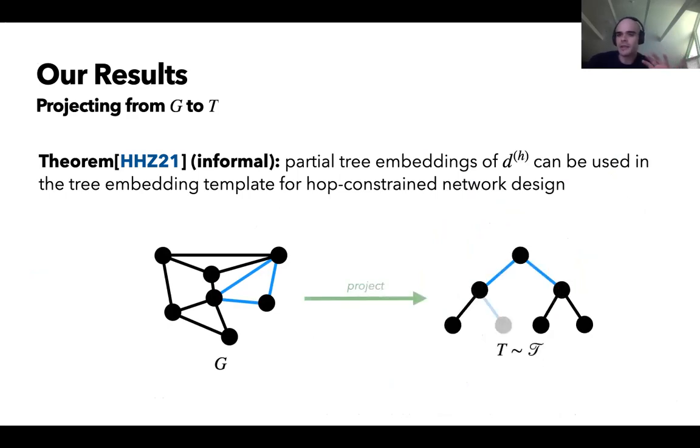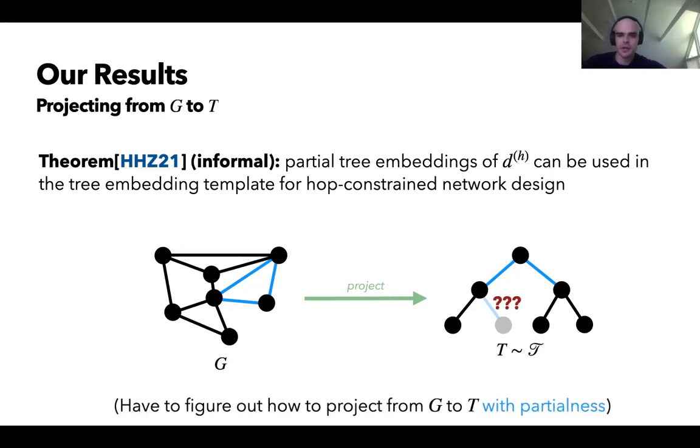Intuitively, the rough issue is that the way that some of the edges of a subgraph in your original graph might project into the tree might require using some vertices that were not successfully embedded. So it's not so clear how you should project from the graph to the tree in a principled way.